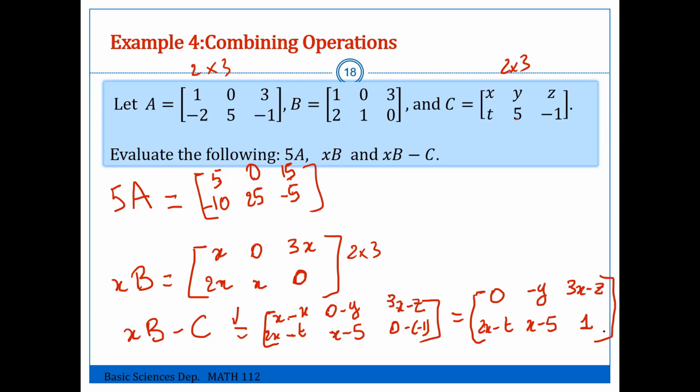So we can also combine addition, subtraction, and multiplication by scalar, and we have to follow the order of operation. When we have multiplication and addition, start by multiplication. We have the same order of operation as we saw in the first lecture in Math 2.